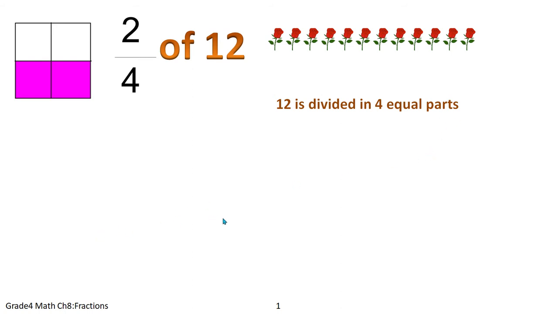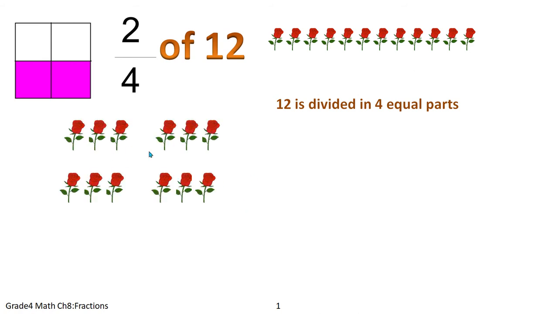Now how will you do that? See, likewise I have divided 12 roses into 4 equal parts in such a way that one part will have 3 roses, because that's how you can divide it into 4 equal parts. So we have 3 roses in each part.